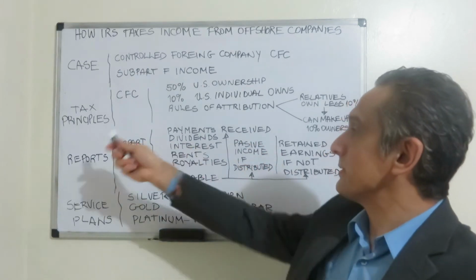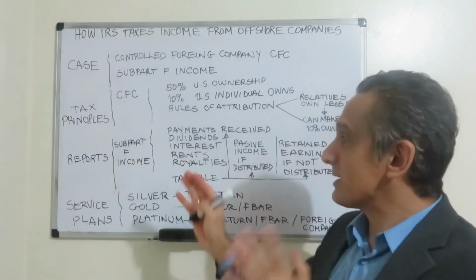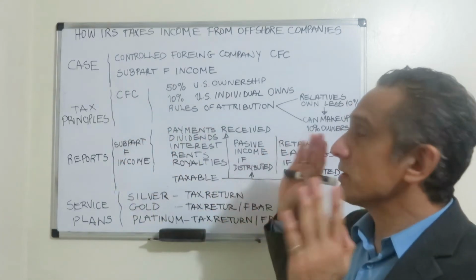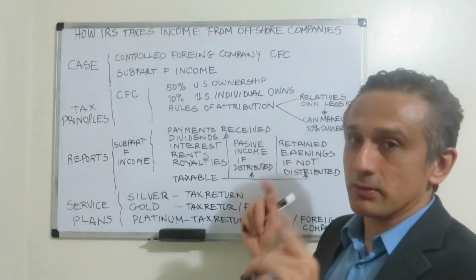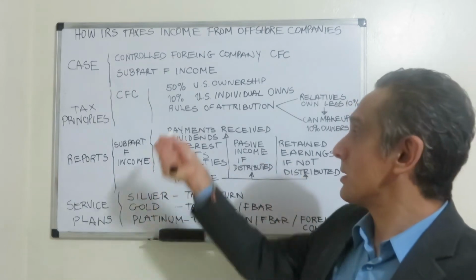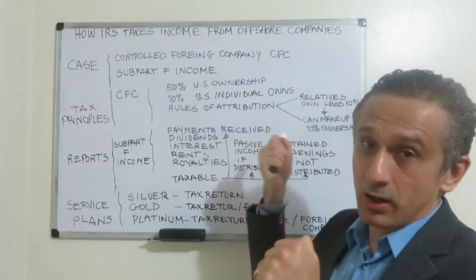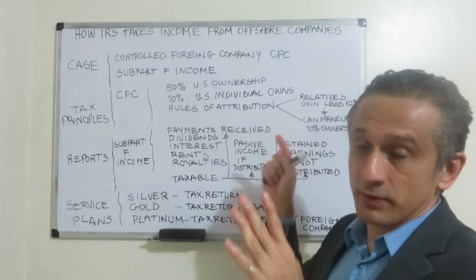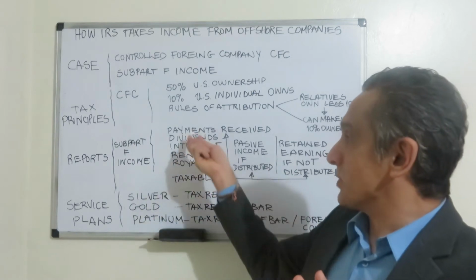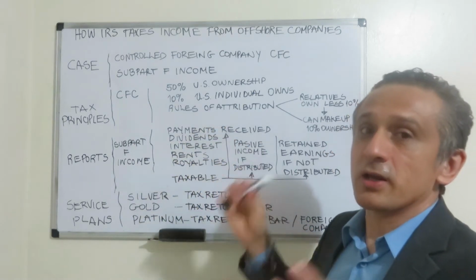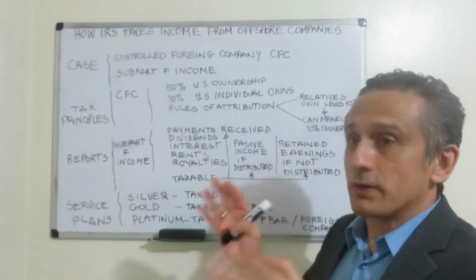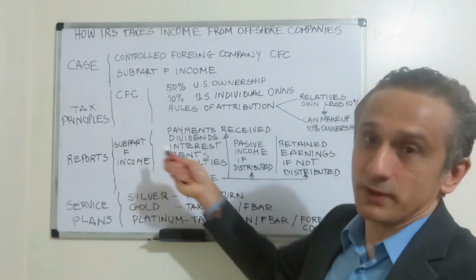Now, in terms of reporting, Subpart F income belongs to two types of income: either active income, whenever the company actively pays the U.S. owner, 10% or more owner of the company, and in addition, what is called dividends, interest, rents, and royalties, which are passive income. So active income and passive income are both part of Subpart F income.